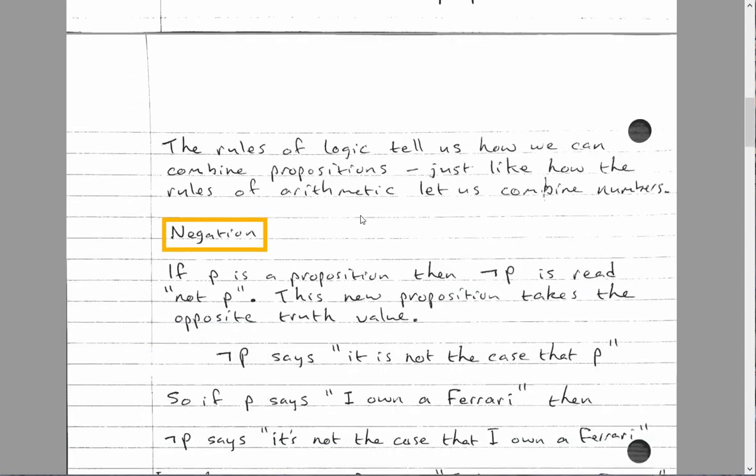All right, so just like the rules of arithmetic tell us how we can combine numbers, the rules of logic tell us how we can combine propositions. Okay, so this is propositional logic in this section.